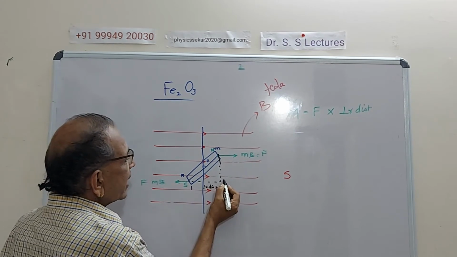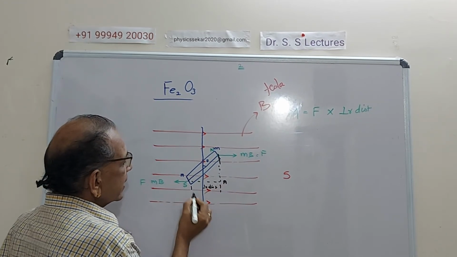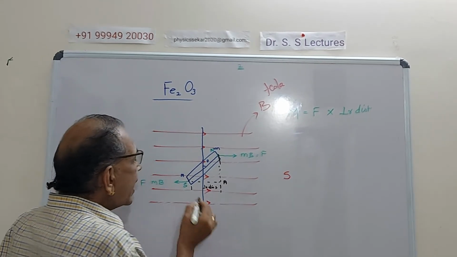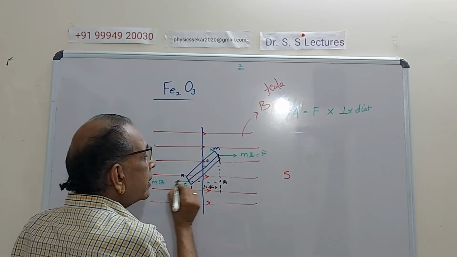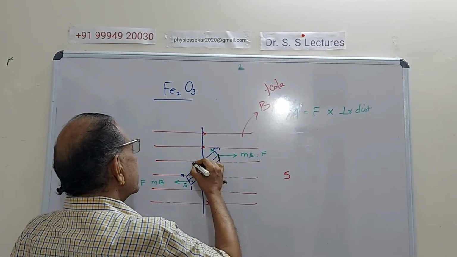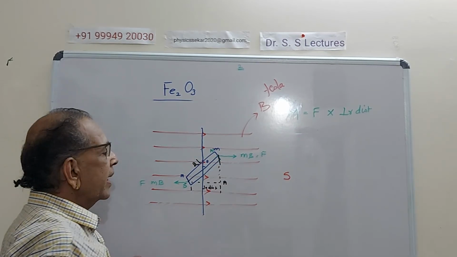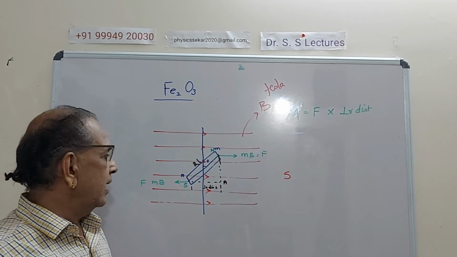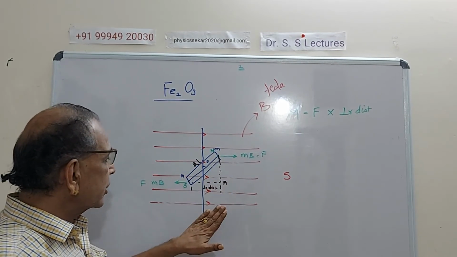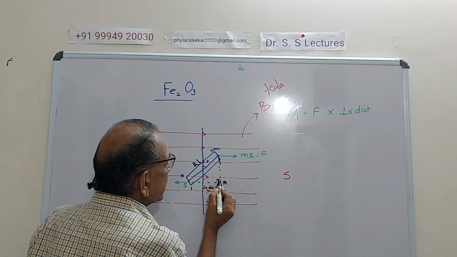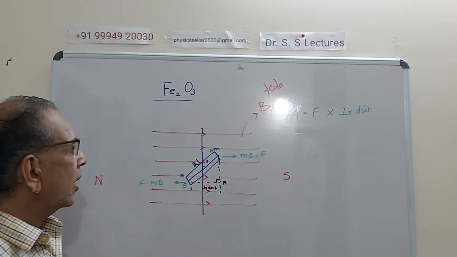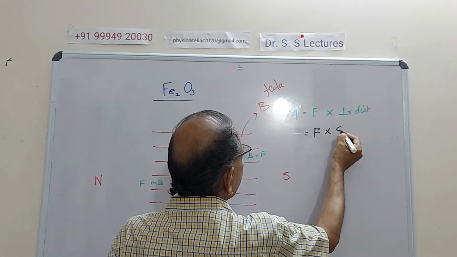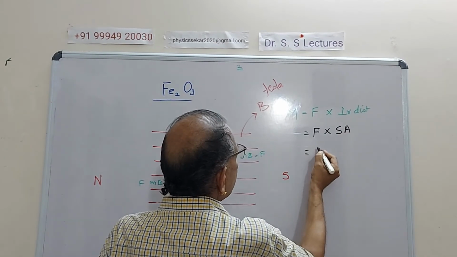That is, if I consider this point as A, then SA will be the perpendicular distance. But I know that this particular length of the magnet is 2L. The magnetic length of any small magnet I consider as 2L. Now, these are all the situations that are available. This is the perpendicular distance. Therefore, how do I consider this value happens to be F into SA. This will be the force.